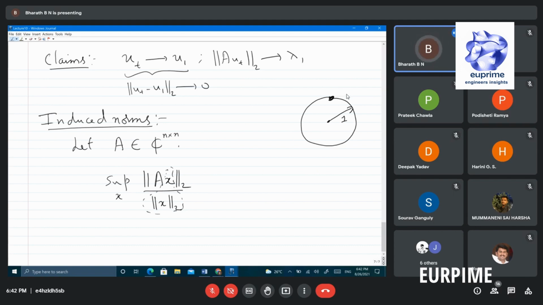So that will tell me what is the size or the power of A, right? So this is called, there is a name for it. It's called the operator norm of A. Okay. Well, maybe I should not say induced. I'll say operator norm. Is that clear?